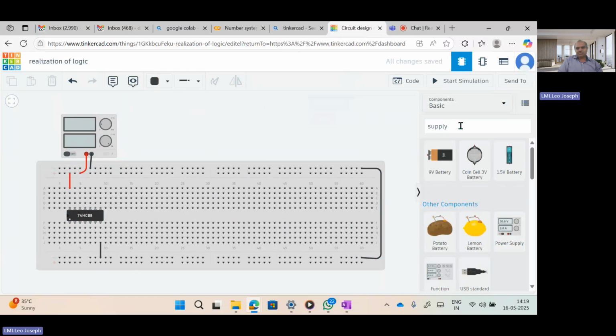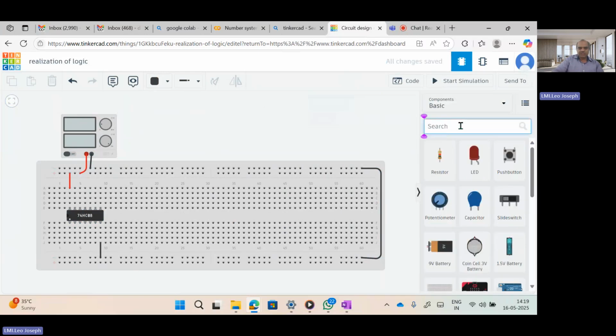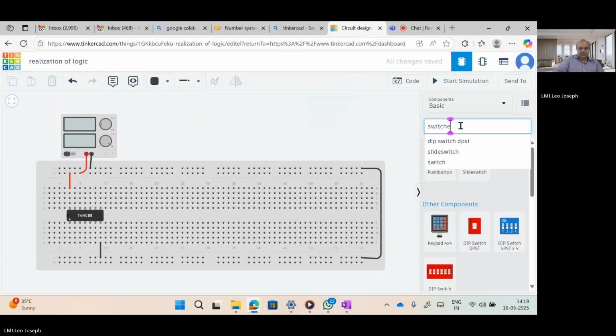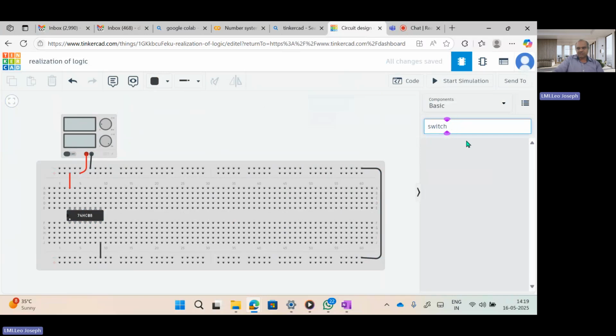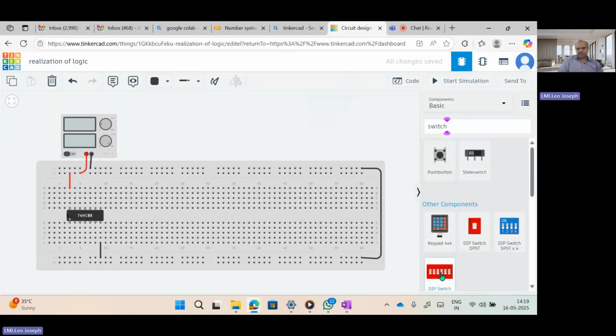For giving the inputs, I am using switches. I am typing switch here and taking one parallel switch. How to connect the switch, we already discussed in previous lectures, so you can go through them to understand how to connect a switch. The lower portion is always connected to supply.